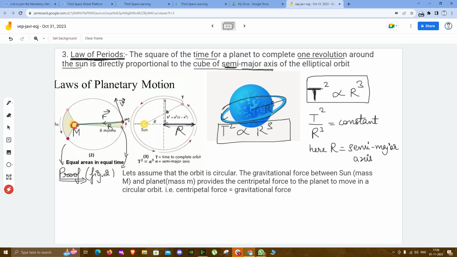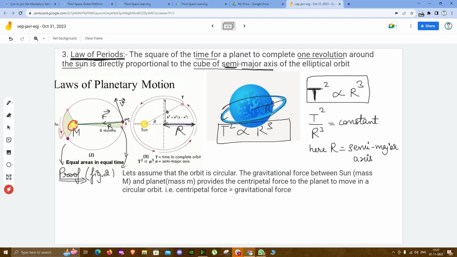So there is a centripetal force which is working. The sun is exerting a centripetal force on the planet. This is the force which lets the planet revolve around and not go off like this.